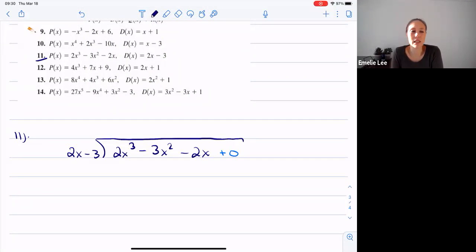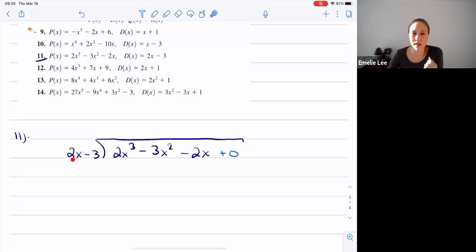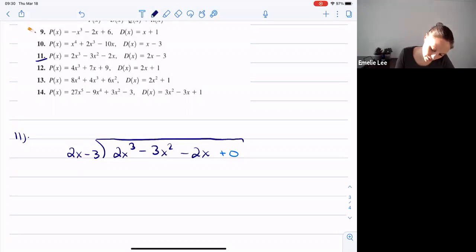It would be fine if we didn't, but it might be nice to see it there. Okay, so a little bit more division here. 2x to the 3 divided by 2x puts me at what? x squared, right? So I'm going to write x squared up top.